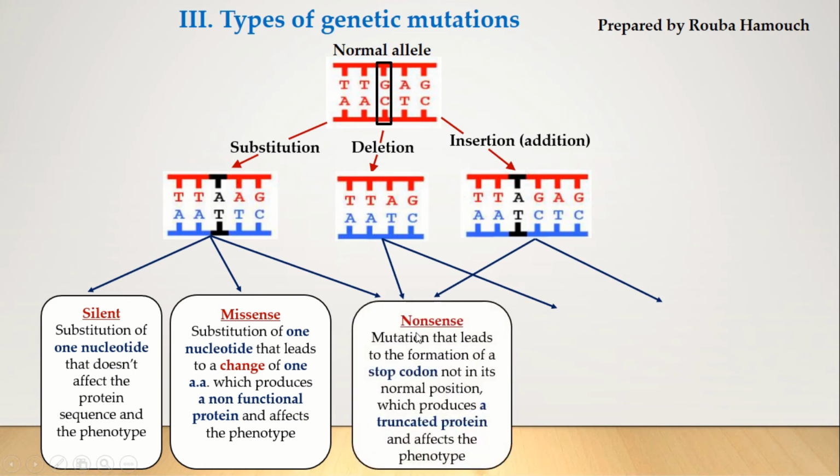Also, the substitution can be nonsense, which means it leads to the appearance of an early stop codon, leading to the production of a truncated protein, incomplete protein, which has no sense and surely affects the phenotype. So, missense mutation means mutation leading to the formation of a non-functional protein, while the nonsense means the formation of a truncated protein, incomplete protein that cannot function properly, leading to an abnormality in the phenotype.